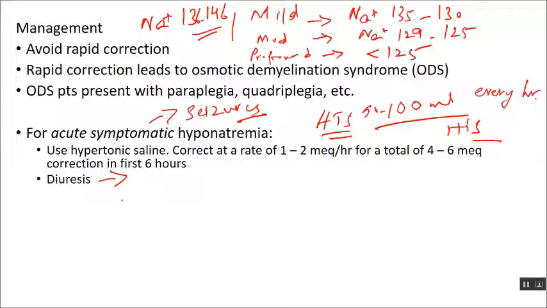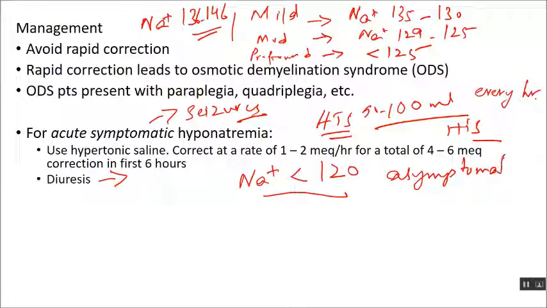Now, some authorities also believe in treating with hypertonic saline if the patient has a sodium level of less than 120 and is asymptomatic. Of course, if the patient is symptomatic, then you treat with hypertonic saline. That's a given.